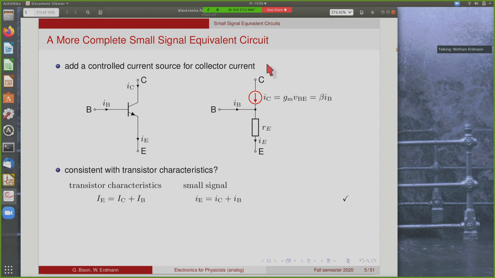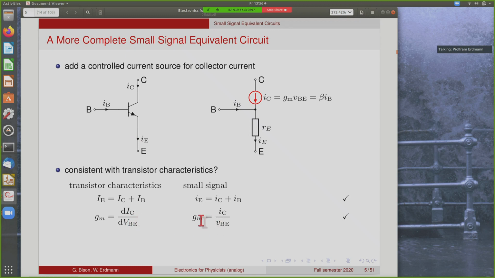Now we can check whether this picture is now consistent with all our transistor characteristics. So for a real transistor here on the left, we have, of course, that the sum of collector and base current is the emitter current. And this obviously also holds in this picture. So the emitter current is the sum of collector current and base current. The GM is this derivative here.